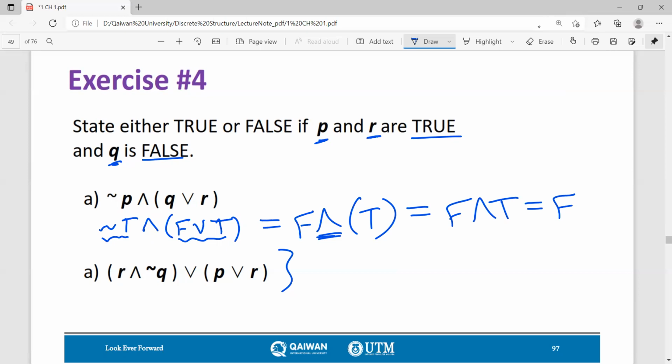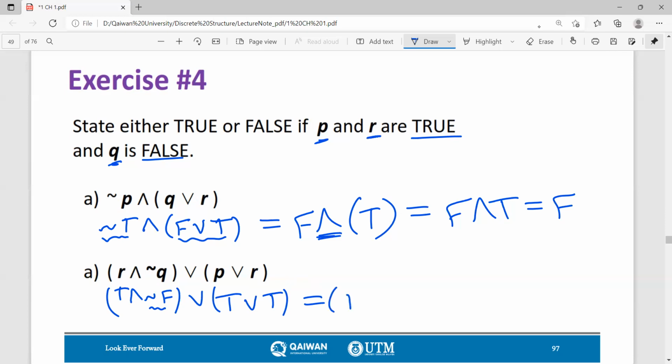Oh, for the second one, we have R and negation Q. Look, R is true, and negation Q is false, or P is true, or R is true. Just write their values. Here, first we must change this false to true because here we have negation.